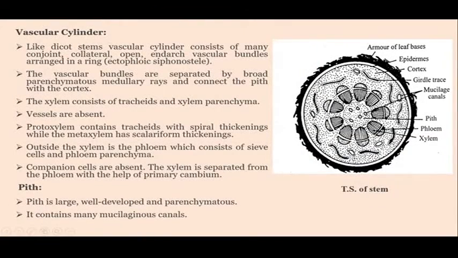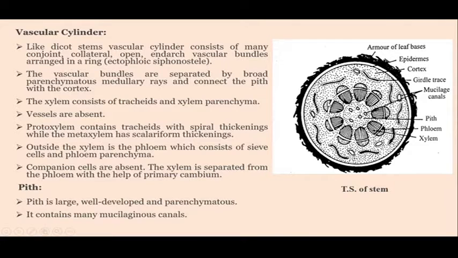Next is the vascular cylinder. Like the dicot stem, the vascular cylinder consists of many conjoint, collateral, open and endarch vascular bundles arranged in a ring. Conjoint vascular bundles are those in which the xylem and the phloem are present on the same radius.